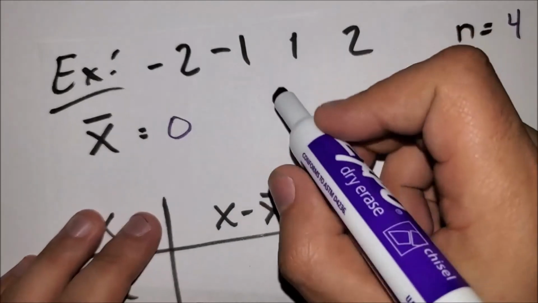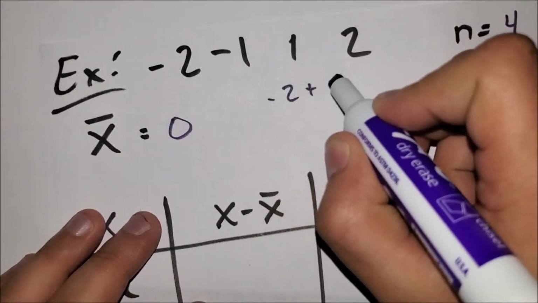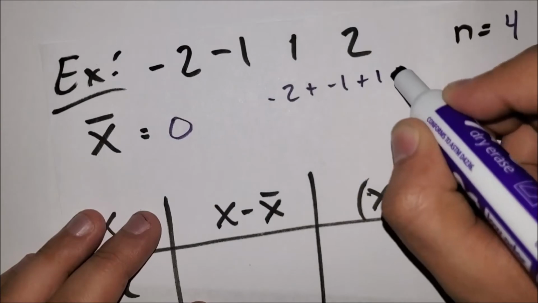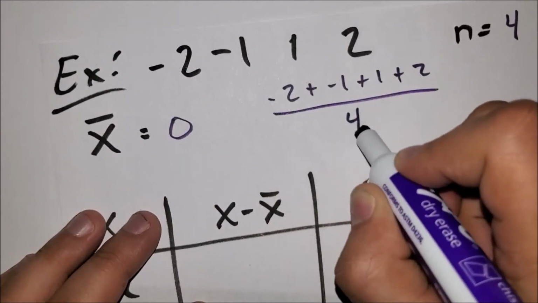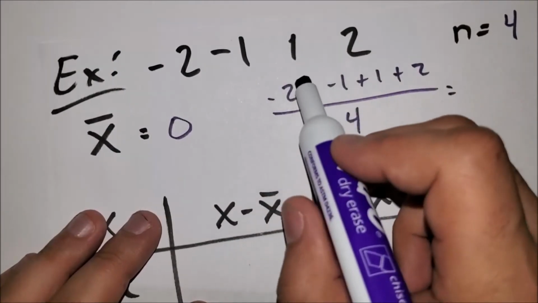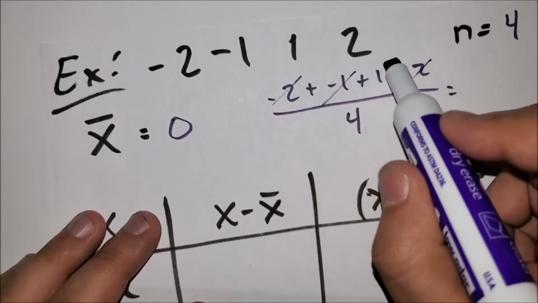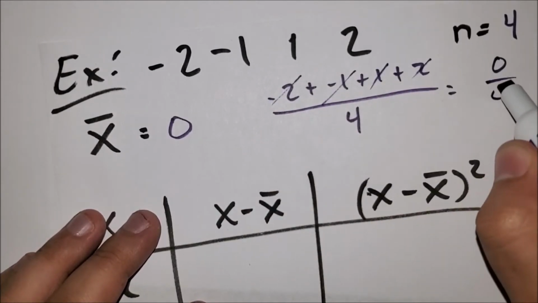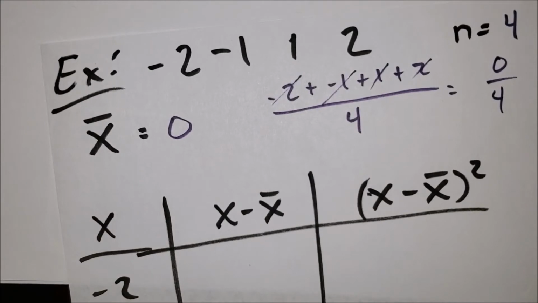To make sure that you understand where that comes from, -2 plus -1 plus 1 plus 2 all over 4. Well, this -2 and this 2 cancel, and this -1 and this 1 cancel, and you end up with just 0 over 4, which is just 0.